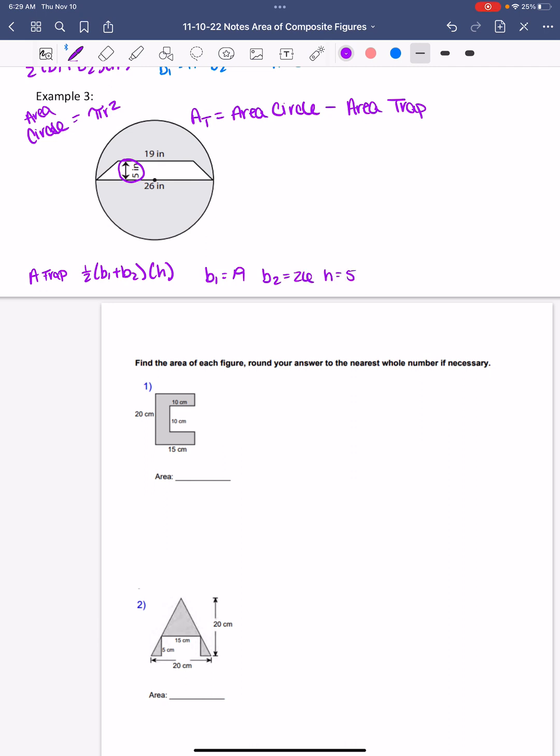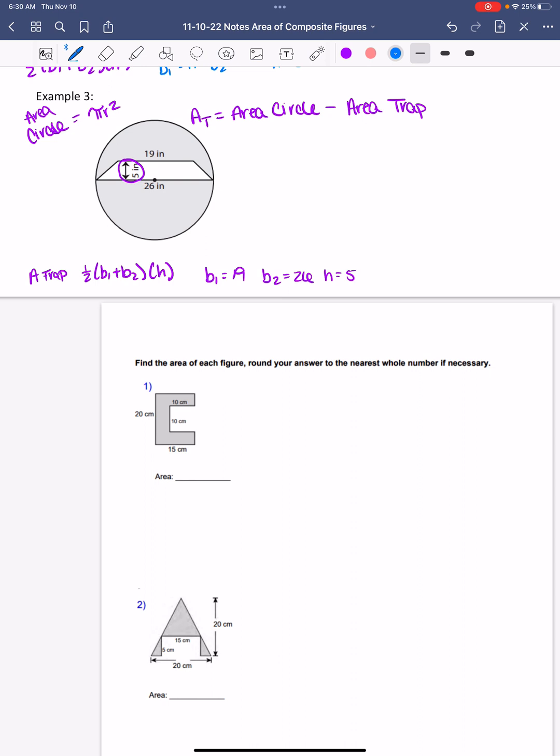Now remember, the height is only for the trapezoid. It is not the actual circle.